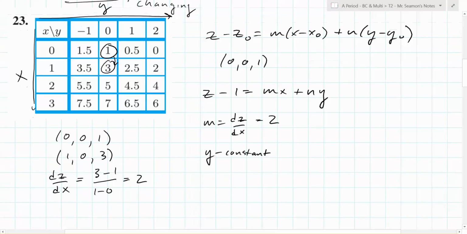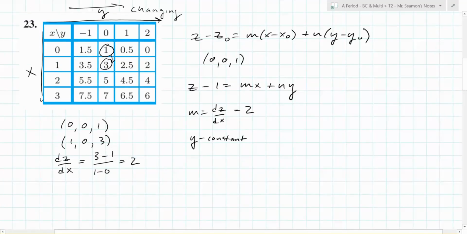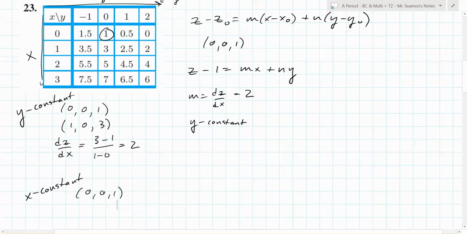So now, instead of keeping the y value constant, we need to keep the x value constant. So this was y constant, and now we need it with x constant. We could use one of the points again. Let's use that one again. I like 0, 0, 1. But instead of going down, we need to go to the right.